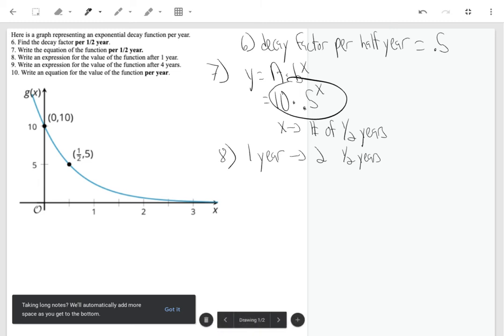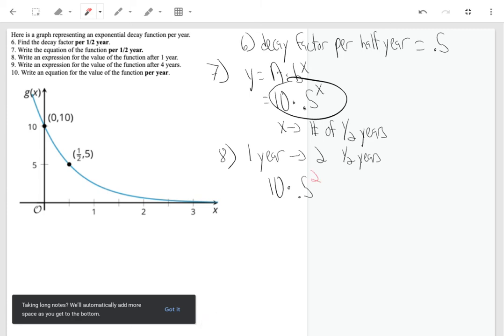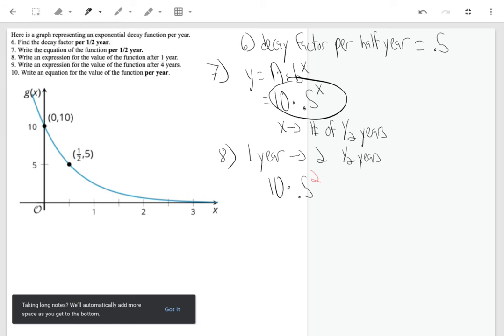So for number 8, I need to plug in x equals 2. My expression is going to be 10 times a half, and my exponent here is going to be 2, because 1 year is 2 half years. So there's your answer to number 8.